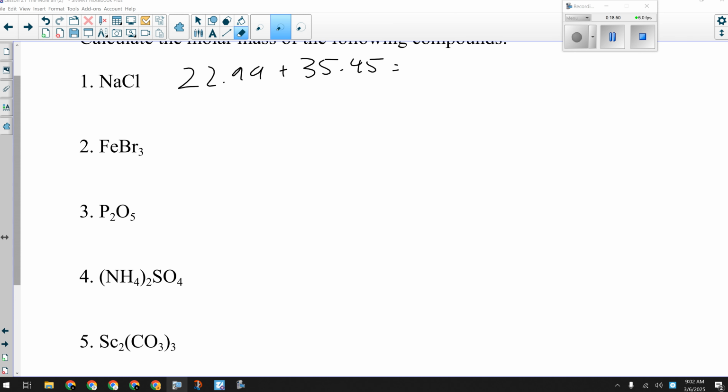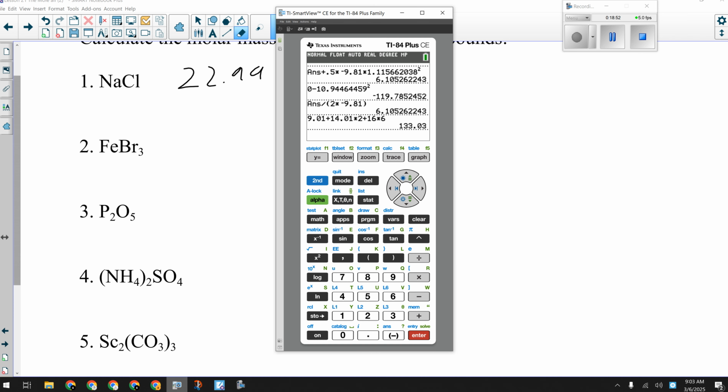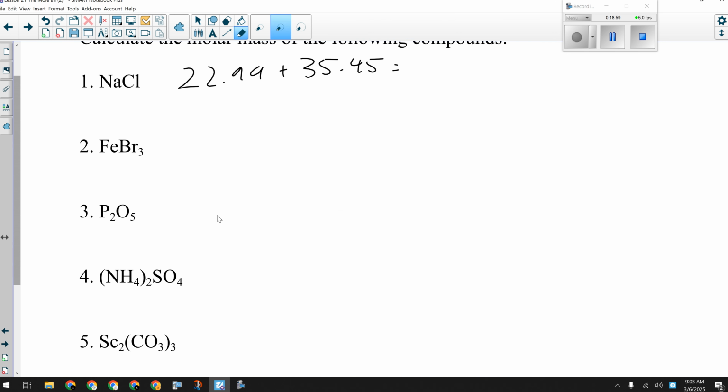Put those together. 22.99 plus 35.45 is 58.44. What are my units? Grams per mole, because this is the mass of 1 mole of sodium chloride.